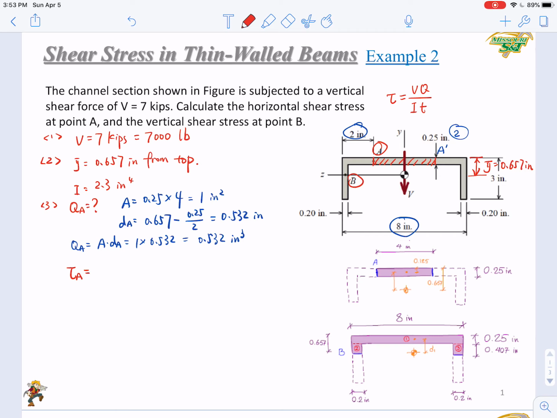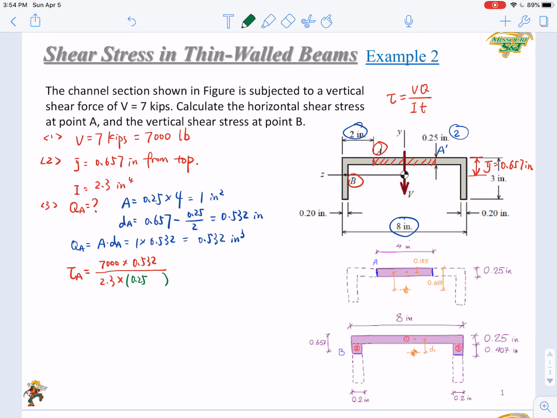The tau A is just VQ over IT. The V is 7,000, Q is 0.532, over I is 2.3, and T. Let me ask you, what should we put here for the t value? The thickness here is 0.25.